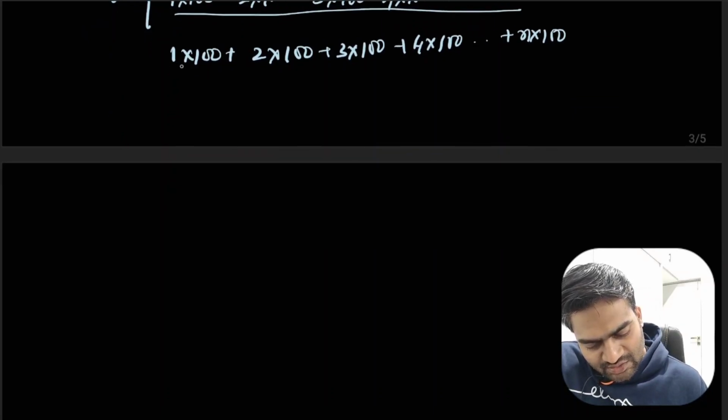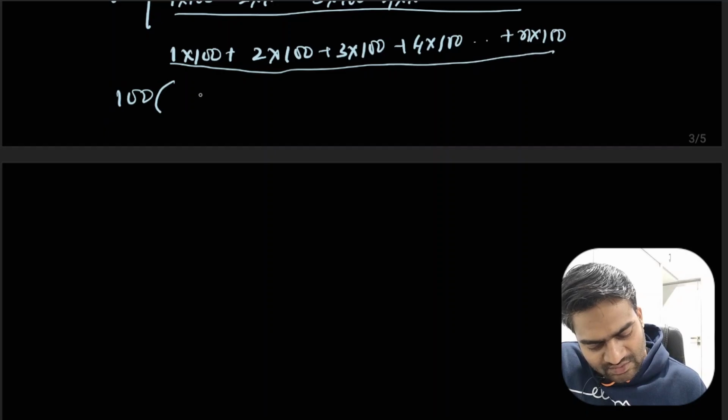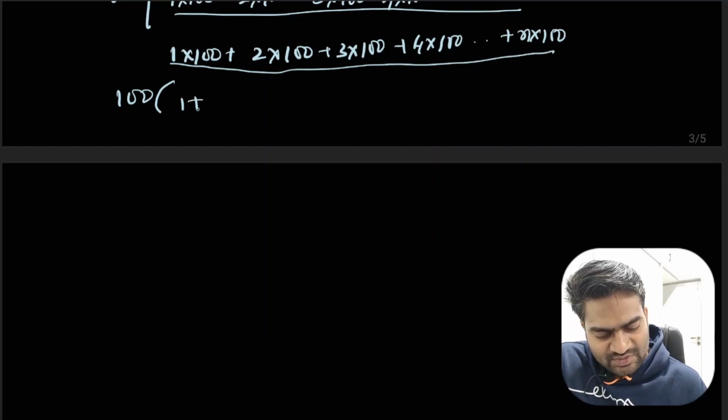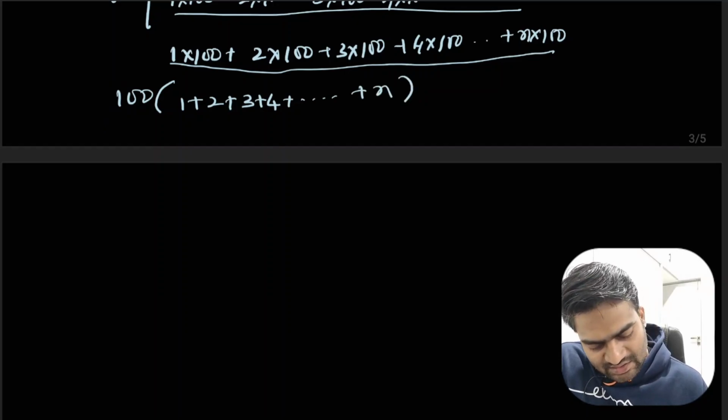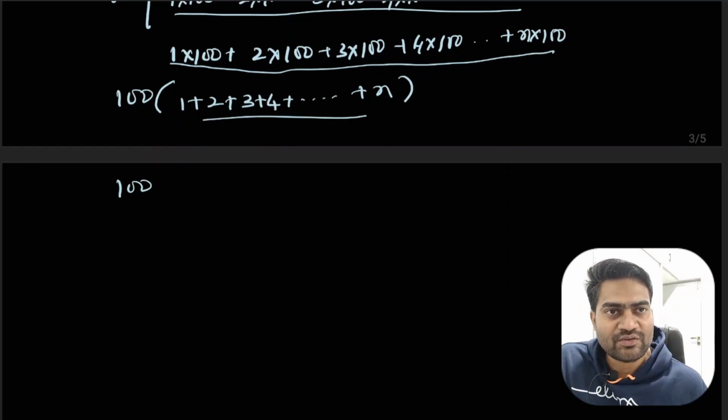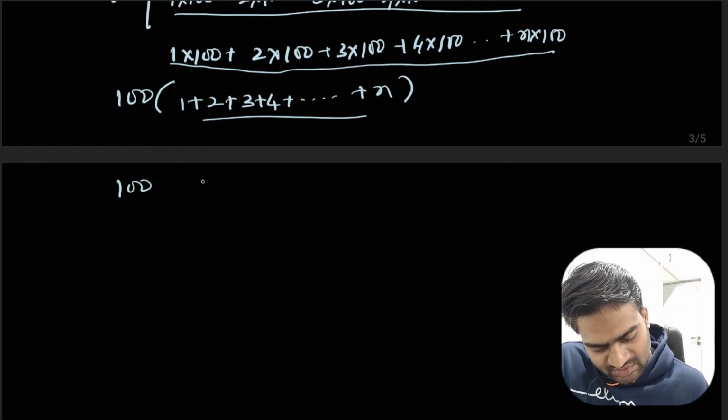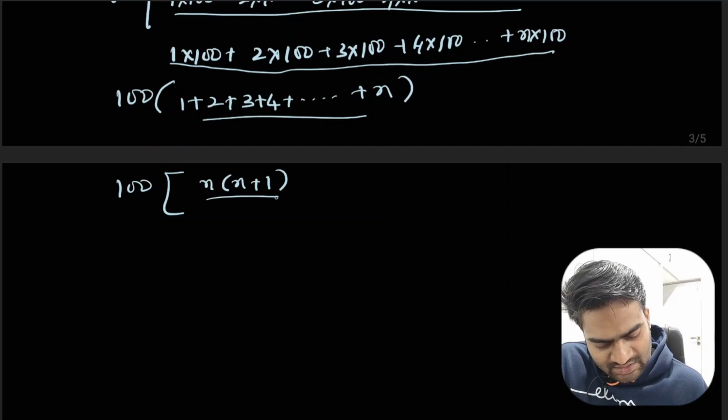Now what we can do, we can take out 100 common. So if I take out 100 common, it becomes 1 plus 2 plus 3 plus 4 and so on plus n. This is nothing but the sum of n natural numbers. So this will be 100 into n into n plus 1 divided by 2. So 2 fifties are 100, so 50.